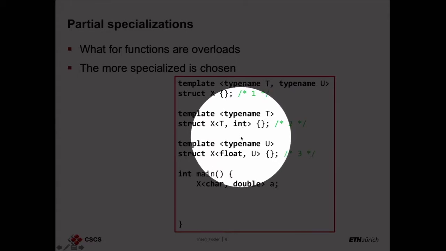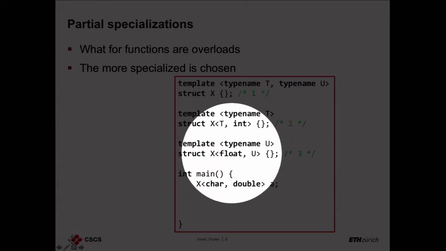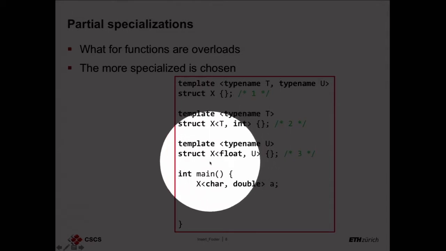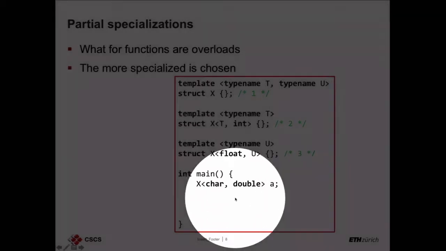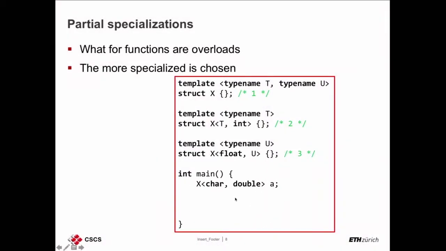No, it's a double. I have to convert it. Is my first argument a float? No. So this will go to the primary template, will instantiate the primary template, because the others are not better. They have to do a type conversion. As for overload resolution, template substitution is better than type conversion.